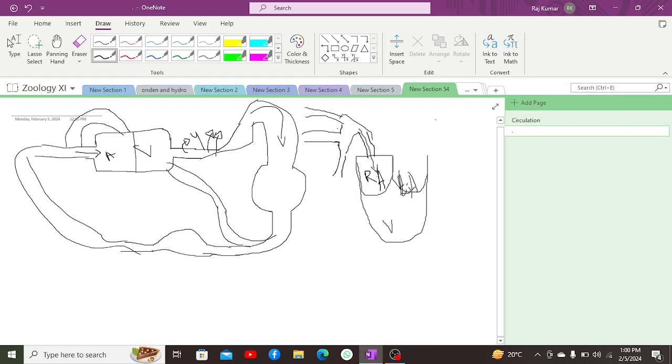At the same moment, the oxygenated blood from the pulmonary vein is transported from the lungs into the left auricle upon the relaxation, sorry.